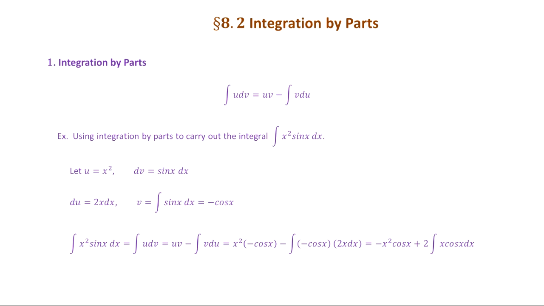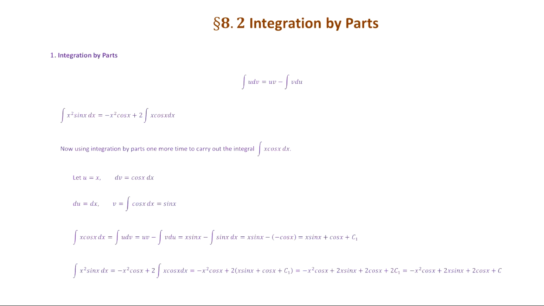So we get negative x squared times cosine x, plus the integral of 2x cosine x. You can take out the 2 from the inside of the second integral. So we still need to integrate x times cosine x. It turns out that we have to use integration by parts one more time to figure out this second term. So let's do that.